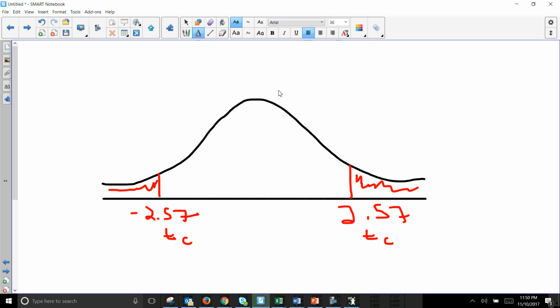So let's type this. This region is going to be reject H0.